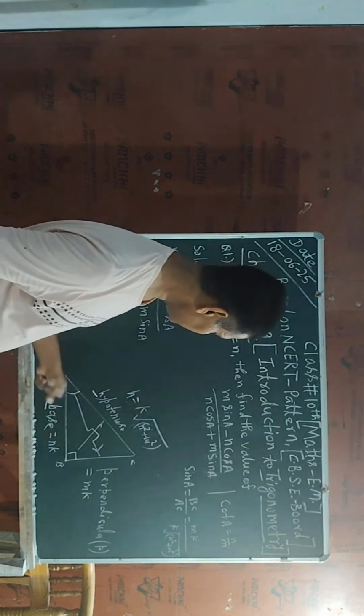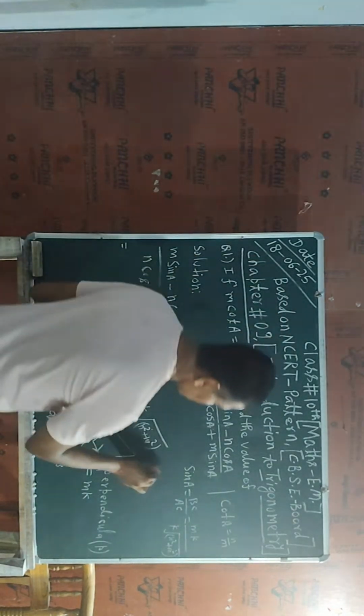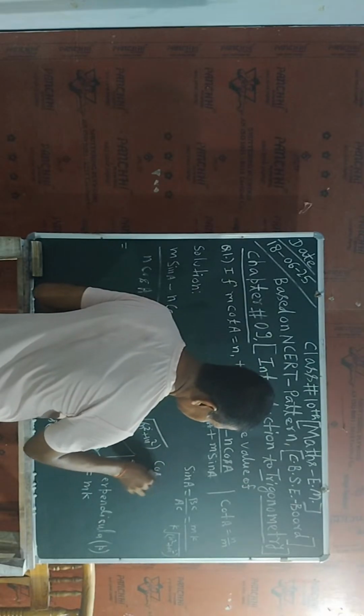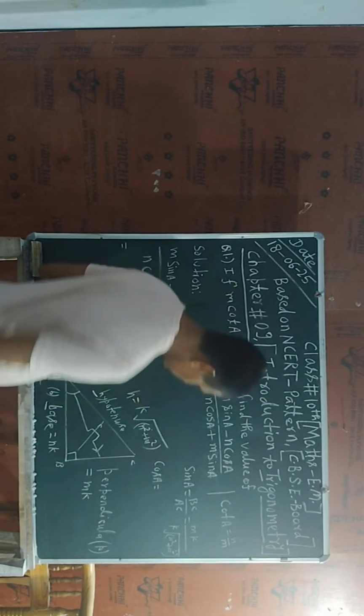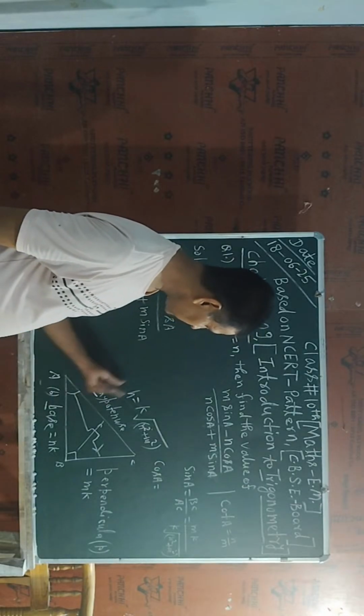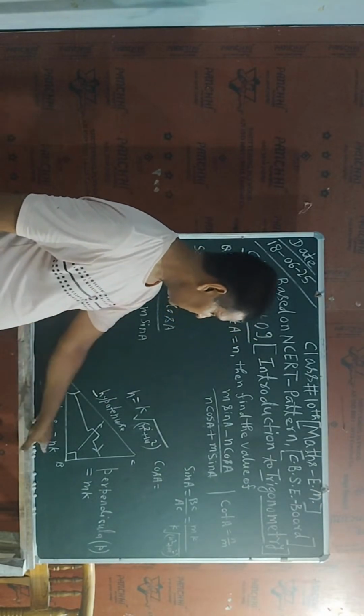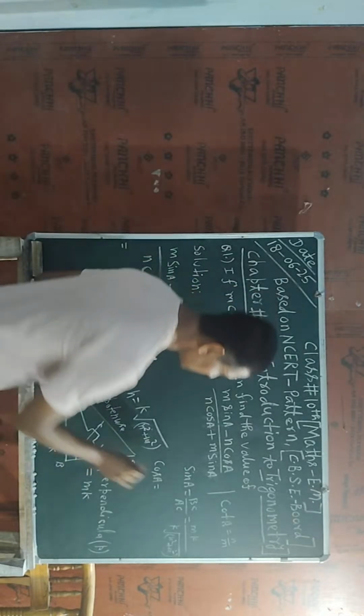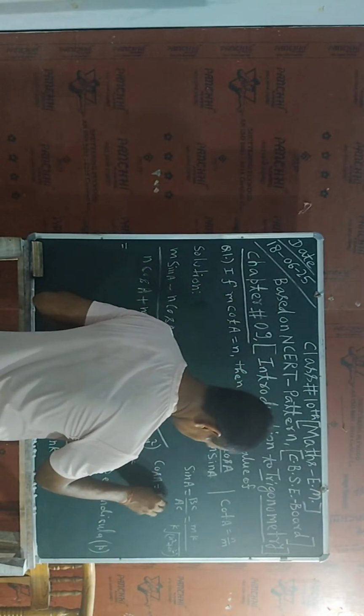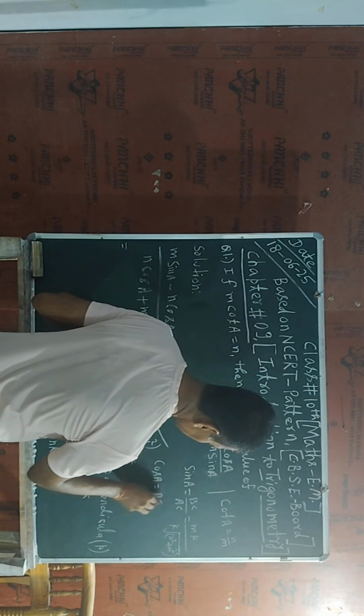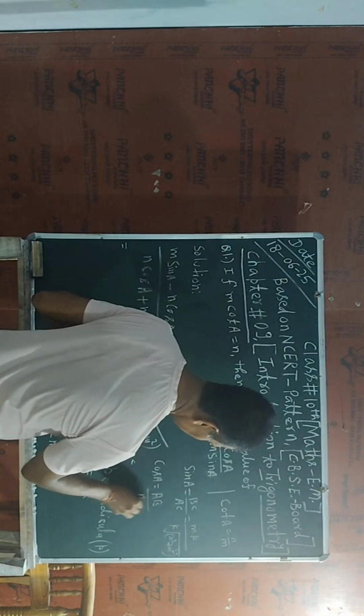Similarly, I will get the value of cos A. The value of cos A is base divided by hypotenuse. Base is AB divided by AC.